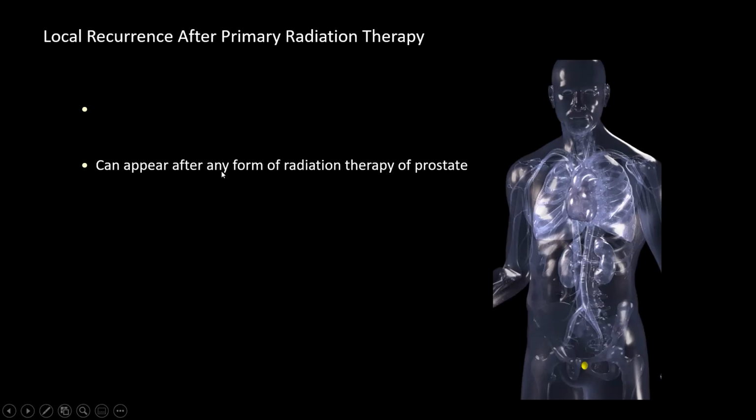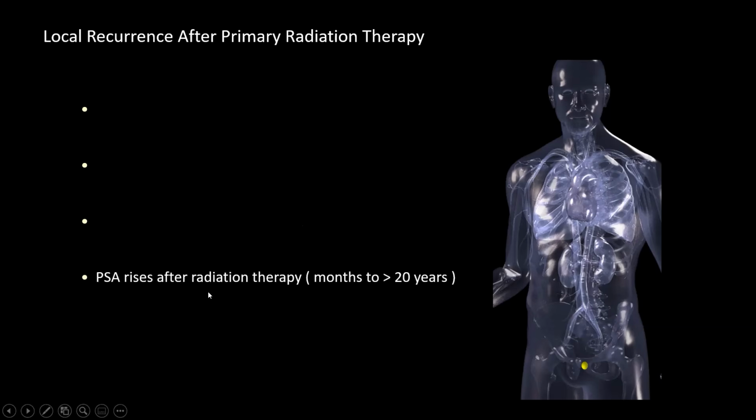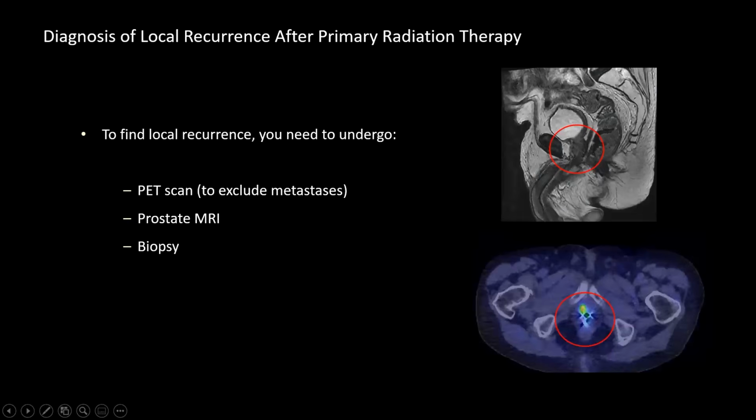This can appear after any form of radiation therapy, brachy, proton beam, whatever. PSA is usually low, but then rises slowly over time. And the PSA rise can occur anywhere from months all the way to 20 years after radiation has been given, just like prostate cancer surgery.